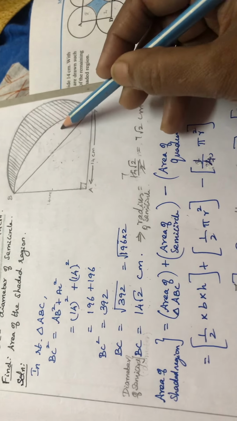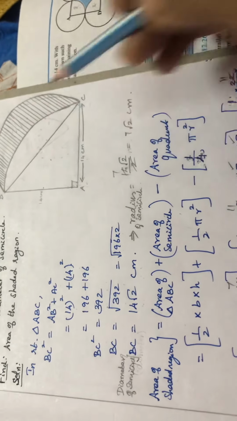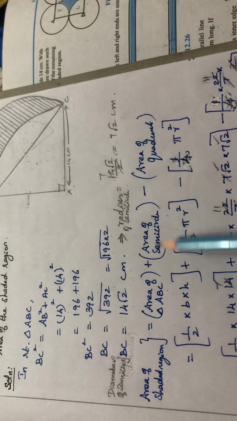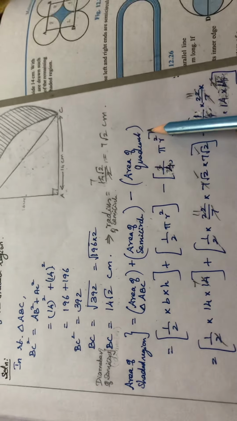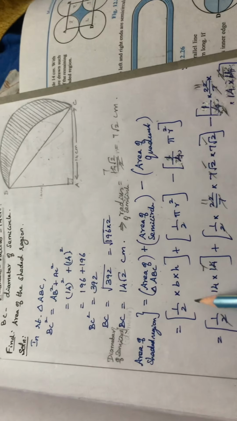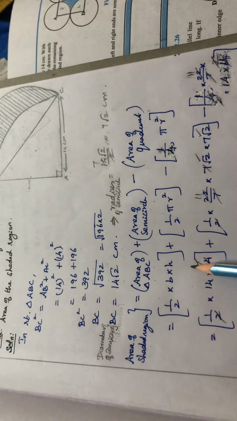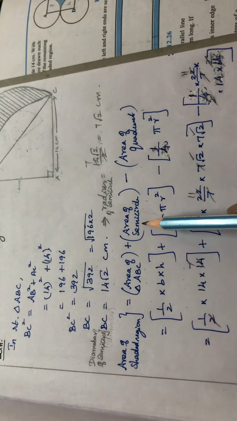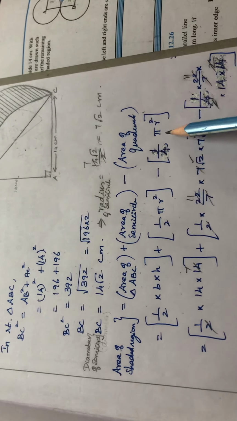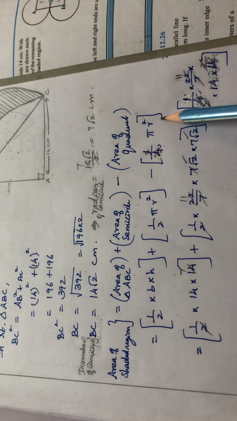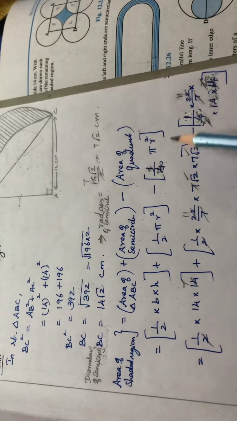From that area I am going to subtract this quadrant. So area of the triangle plus area of the semicircle minus area of the quadrant will give you the shaded region. What is the formula for the area of the triangle? Half base into height, since it is a right triangle. Area of the semicircle is 1 by 2 pi r square, minus area of the quadrant 1 by 4 pi r square. You can use any formula for the quadrant.